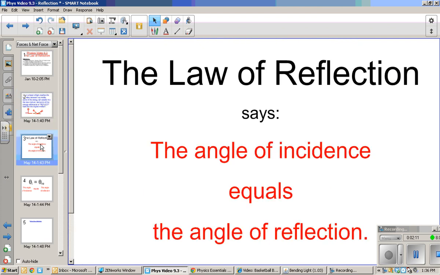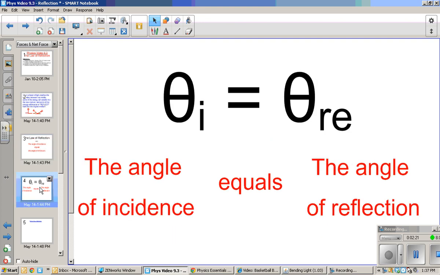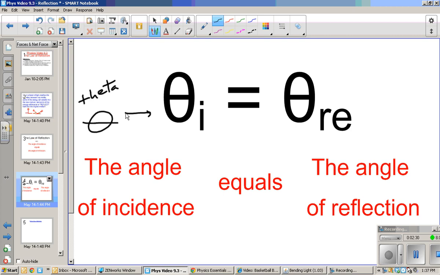Here we go. Here is the law of reflection. The law of reflection says that the angle of incidence equals the angle of reflection. In shorthand, it looks like this. This little dude here, a circle with a line through it basically, is the Greek letter theta. And in math and in science, we very often use the Greek letter theta to measure an angle.